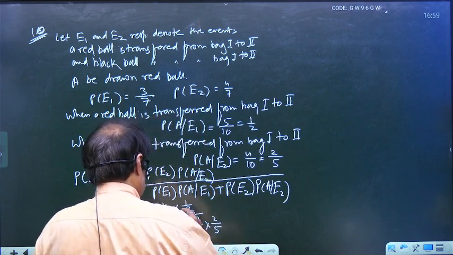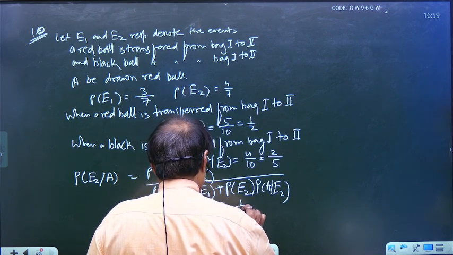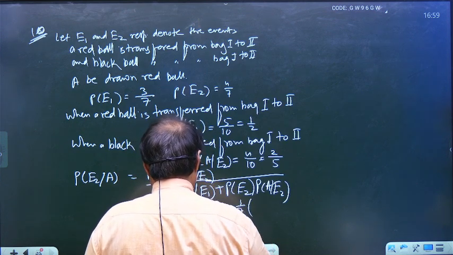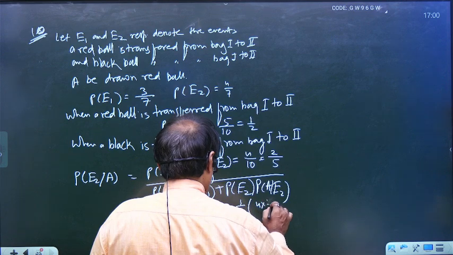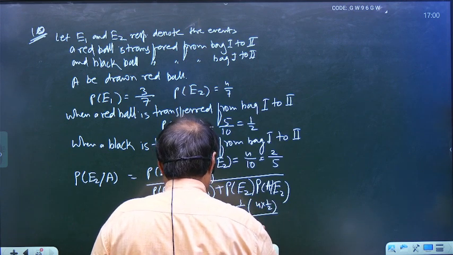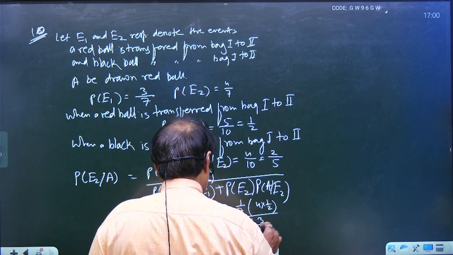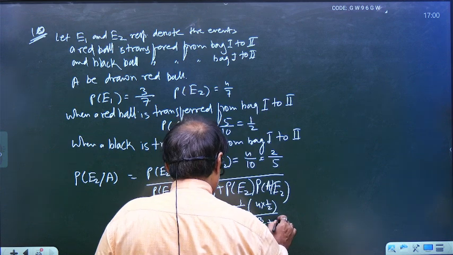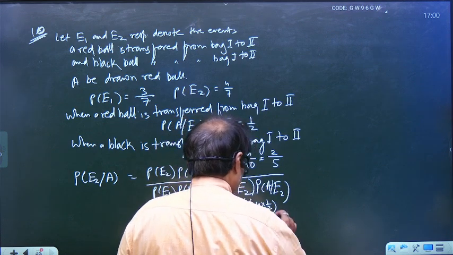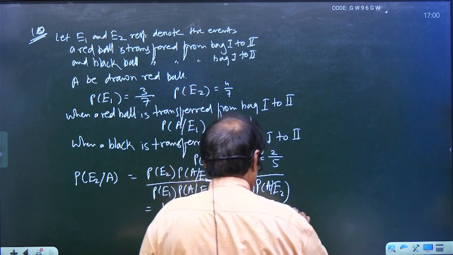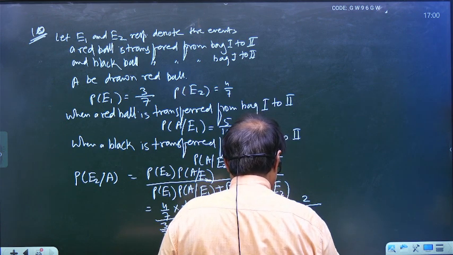So take 1 by 7 as common. So this is 4 into 1 by 2 left, and 1 by 7 I have taken common. So 3 by 2 plus 8 by 5. Now this cancels out, so this is 2, and the LCM of 5 and 2 is 10.